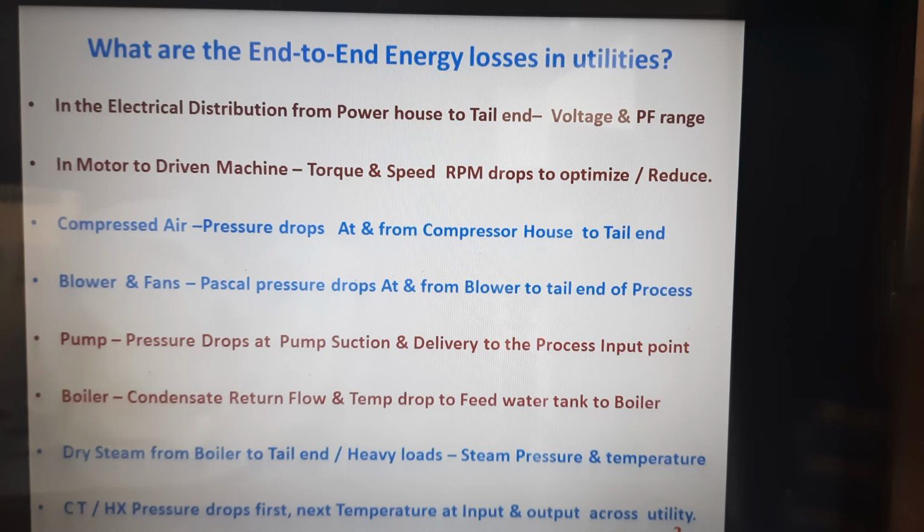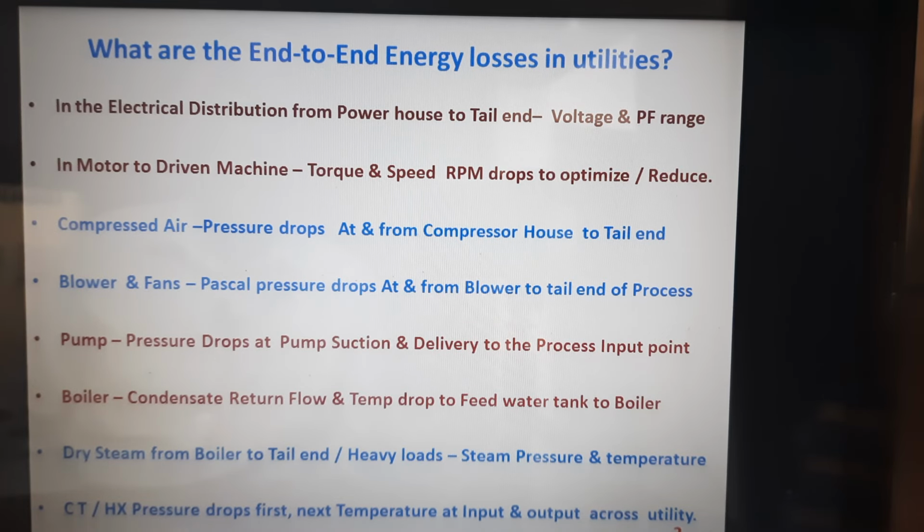From the motors to the driven machines, there is torque drop or speed drop, especially in belt-driven machines, and RPM drops. The gap between the demanded torque and the supplied torque needs to be reduced so as to have energy savings in the motor-related machines.